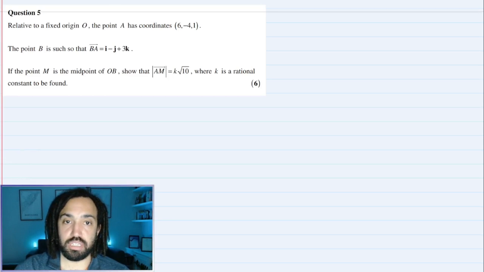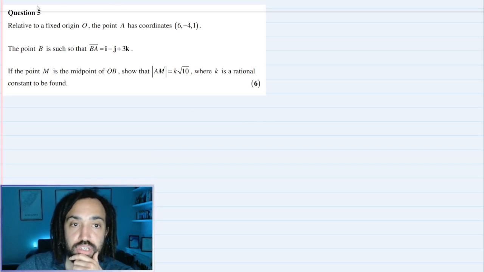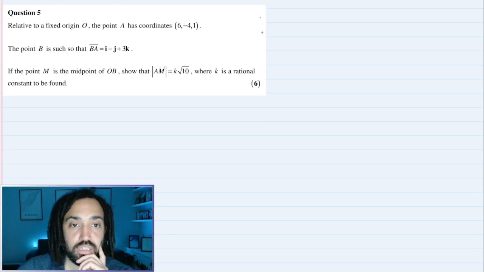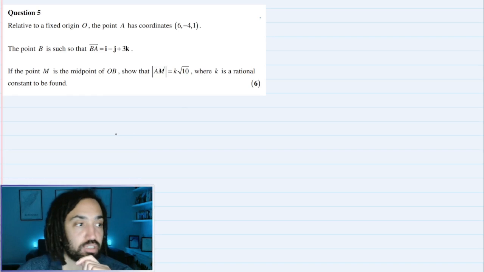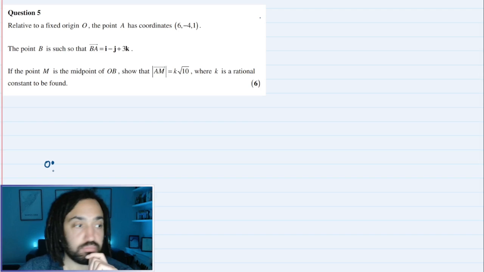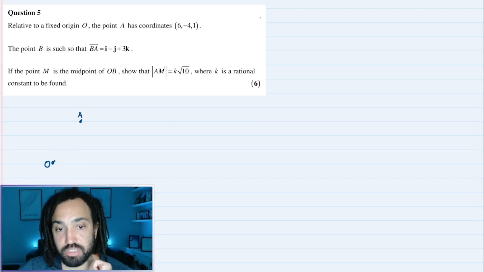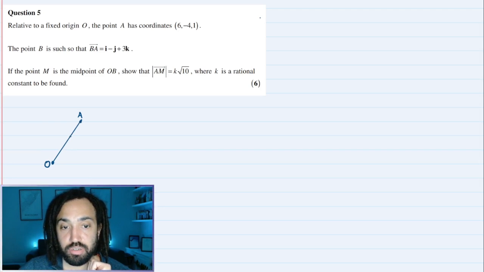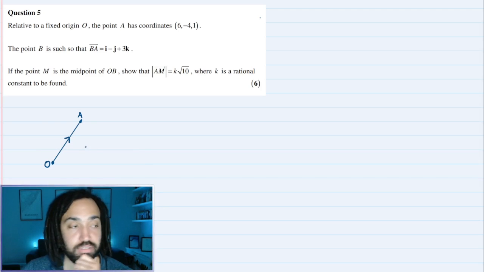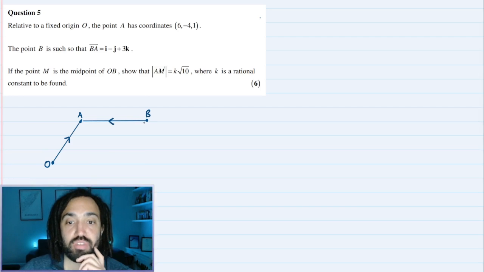Okay, vectors. Love a good vectors question. And this one looks very good. So what I'm going to do is start by drawing a diagram, because I think that is really helpful in questions like this. So I've got the origin, and I know point A, so I know the position vector of A, the vector O to A. I know the vector B to A, which would look like this.